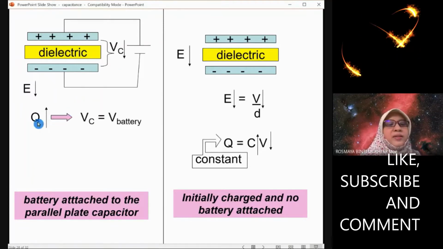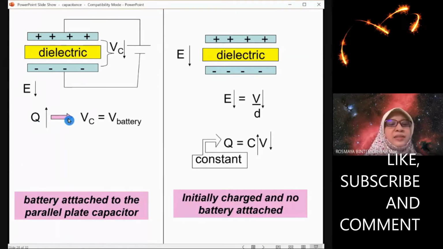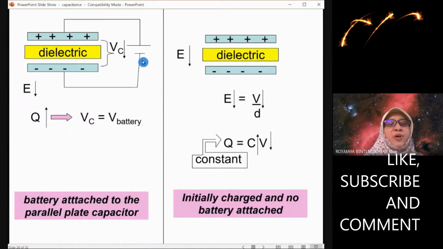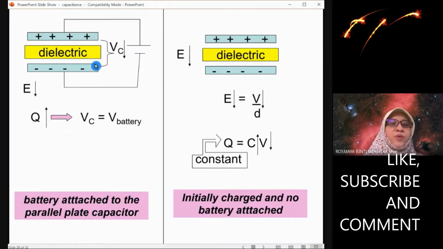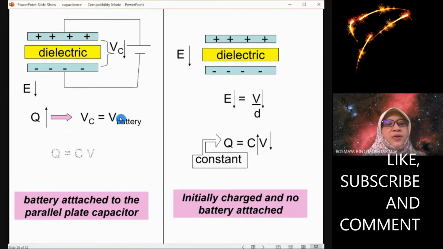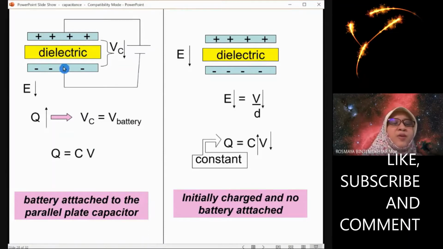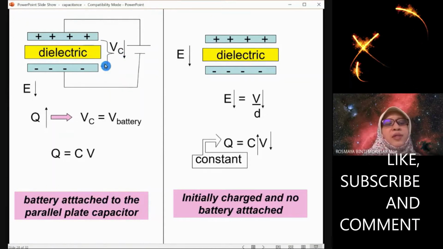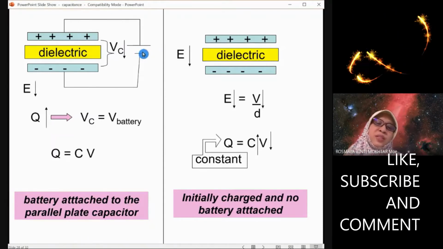So Q increases until the potential difference across the capacitor is the same as the potential difference of the battery. Then the charge stops flowing, when they are equal in potential difference. In other words, the voltage across the capacitor is kept constant because the charge flows until it is the same as the voltage of the source, the battery.